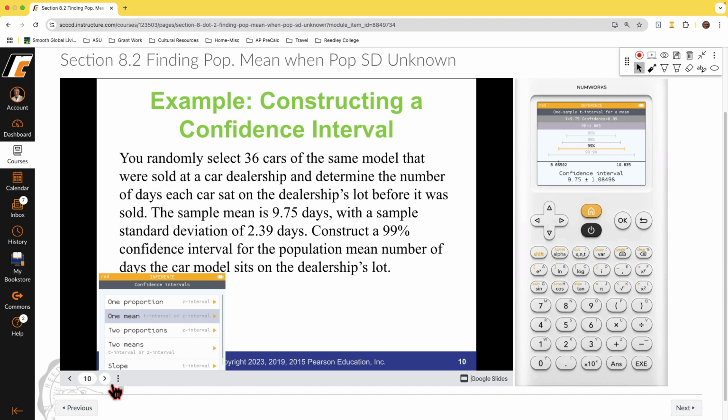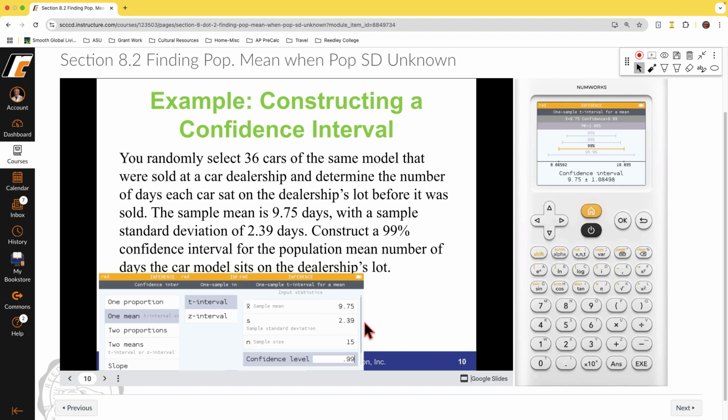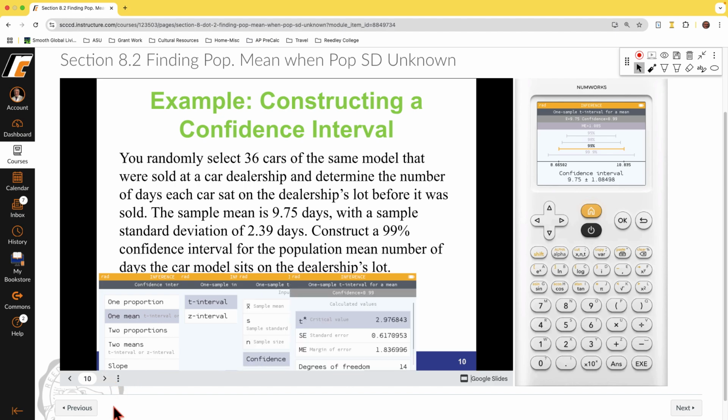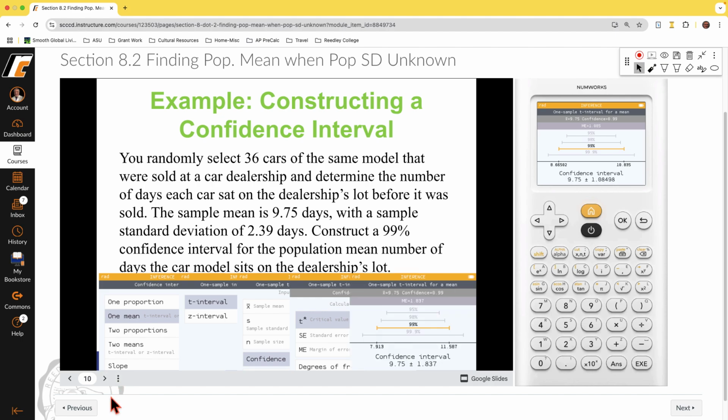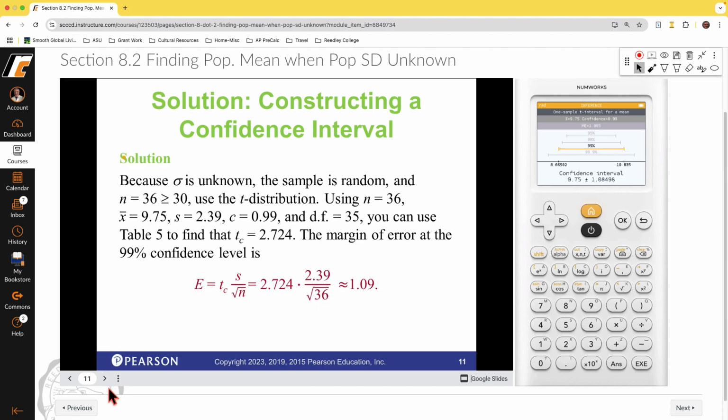And on this slide, I have detailed out the screenshots that show you what to input to do these so that you can see how to navigate to our final answer step by step. What they've done, the standard way of doing things, is they use this formula to get the standard error.